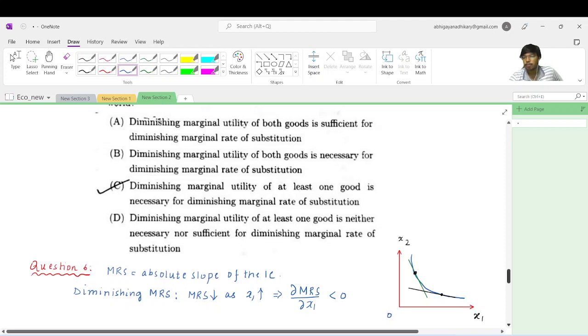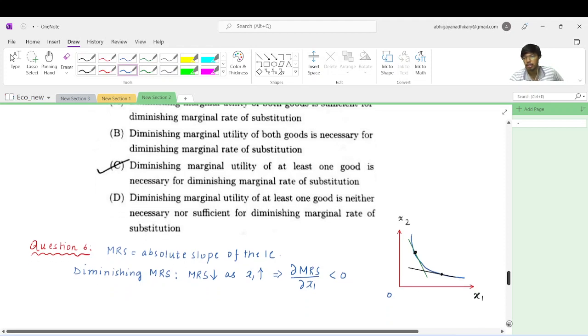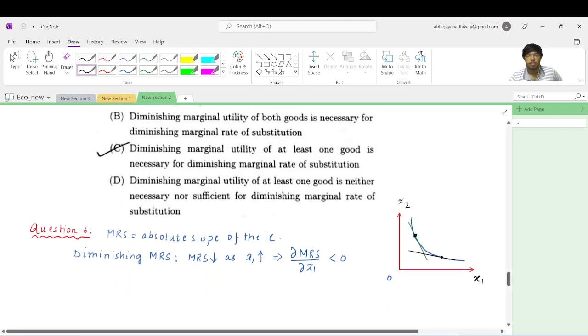And now we come to diminishing utility for the two goods. What does it mean? For good 1, it means the marginal utility from consuming an additional unit of x1 is falling.